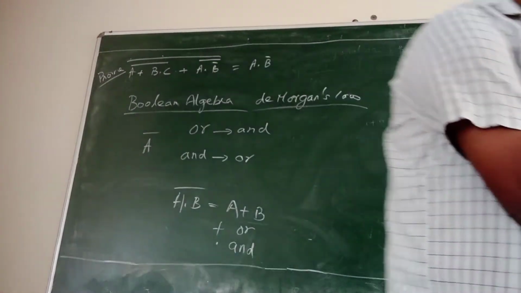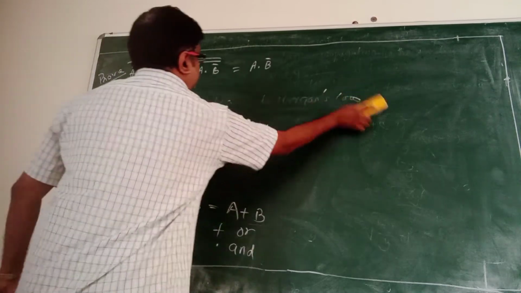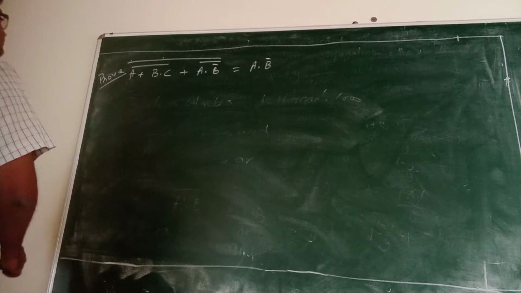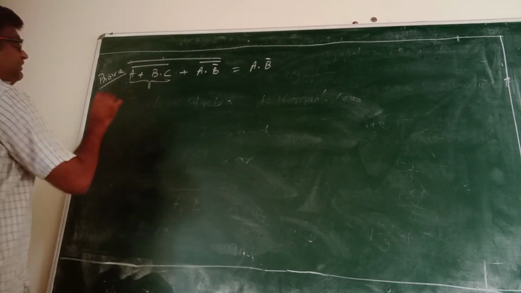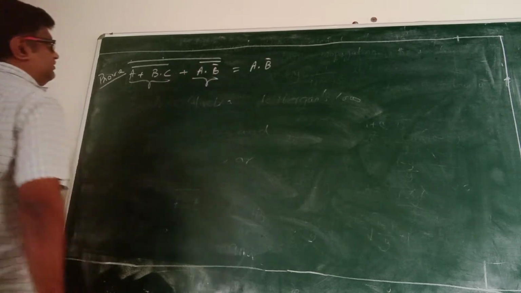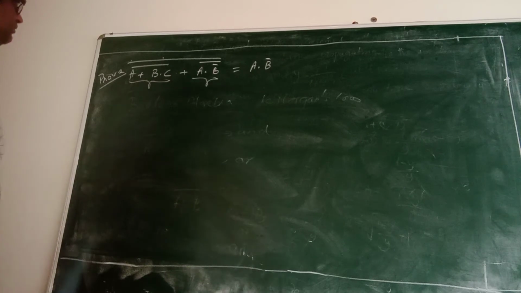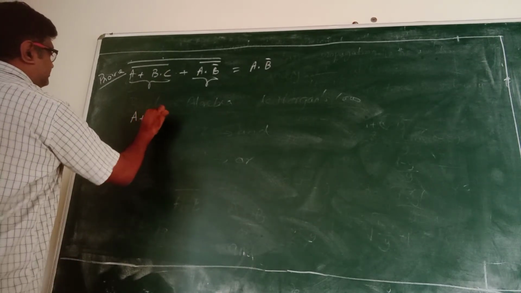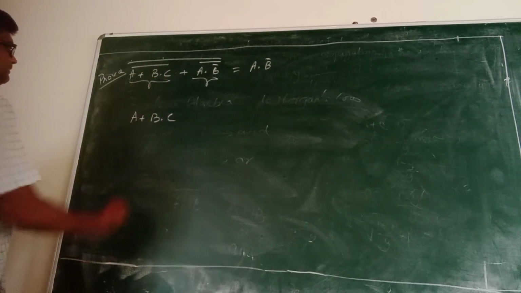This is what we have to do. Okay? So we have to do this very carefully and analyze this and see what is the output. Look here. Initially, you consider this whole thing as one signal, and we are removing this bar. So if I am removing the bar, how will I write? A plus B dot C. B dot C means B and C, okay?